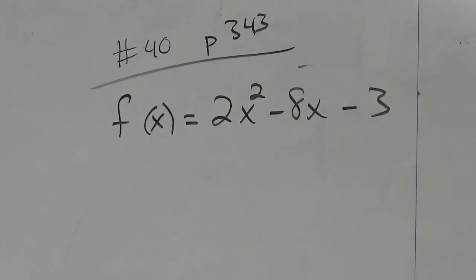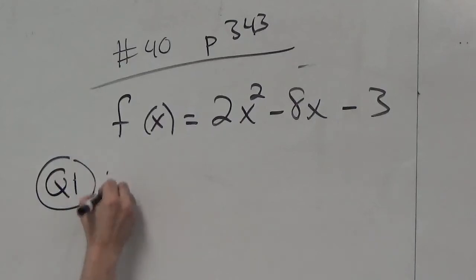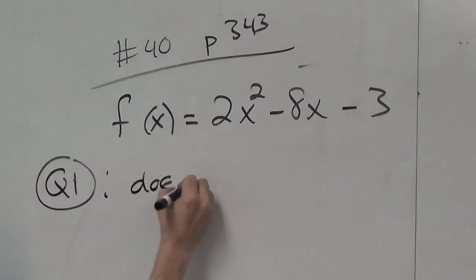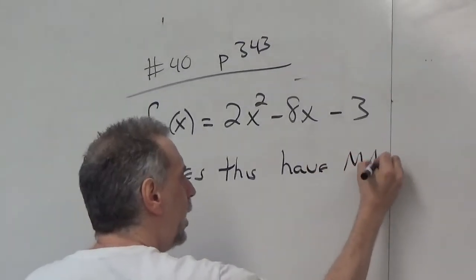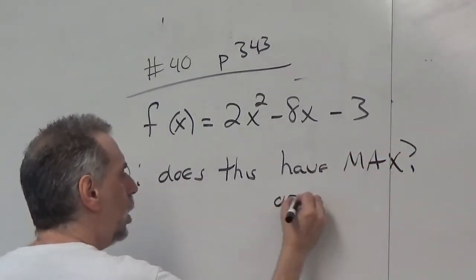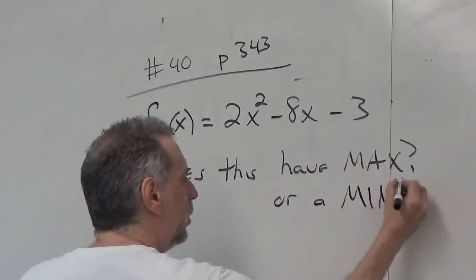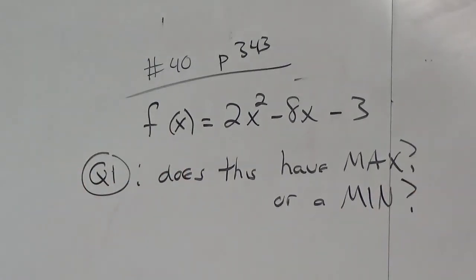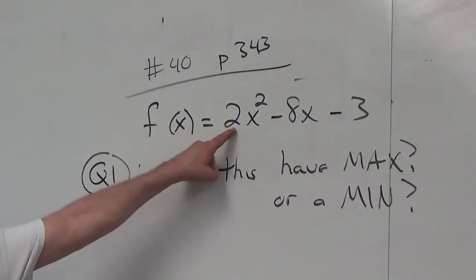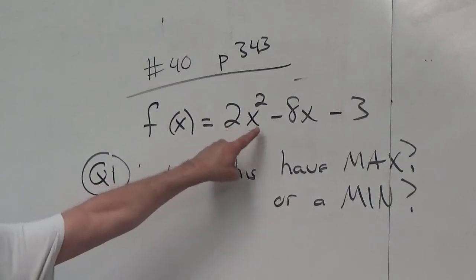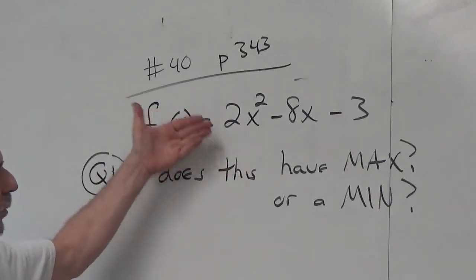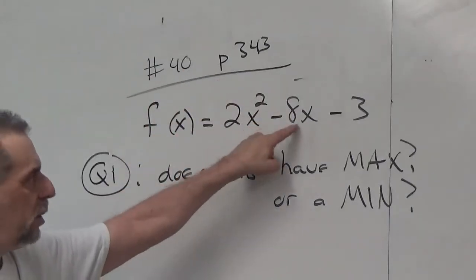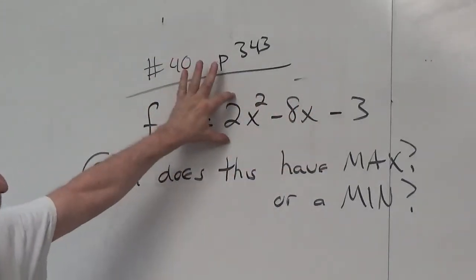Okay, so first of all, question 1 is, does this have a maximum value or a minimum value? And you find that out by looking at the a, right? The value in front of the x squared term. This is in general form, right? ax squared plus bx plus c. The a value is 2.